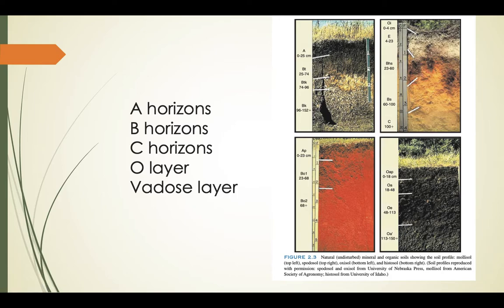For organic soils, the organic matter enriched horizons, the upper layers, are called A horizons, very rich in organic matter. The underlying enriched layers in mineral soils, on the other hand, we refer to as B horizons.